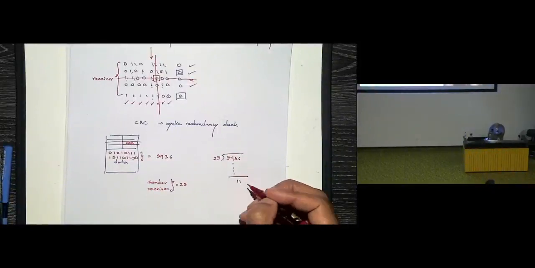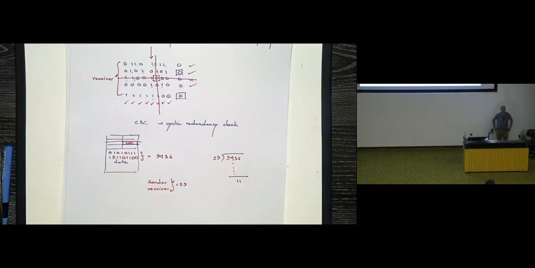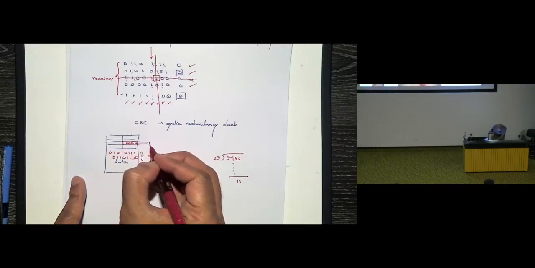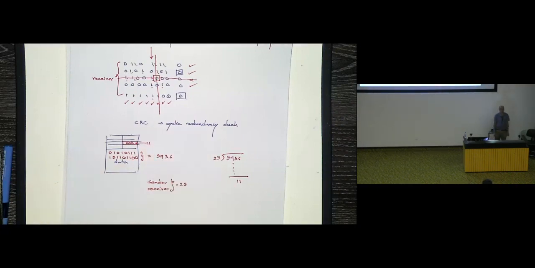The remainder is 11. So what I'm going to do is put 11 in here, the remainder, the binary version of 11.